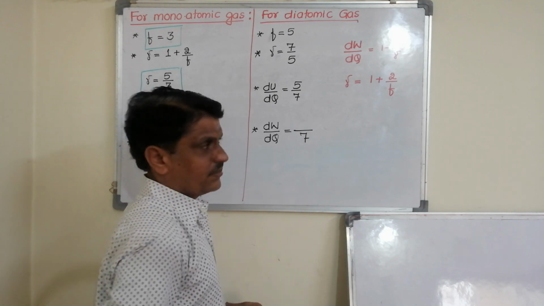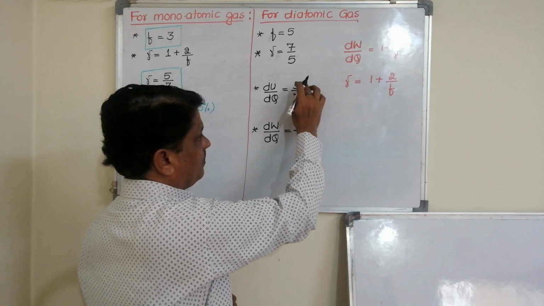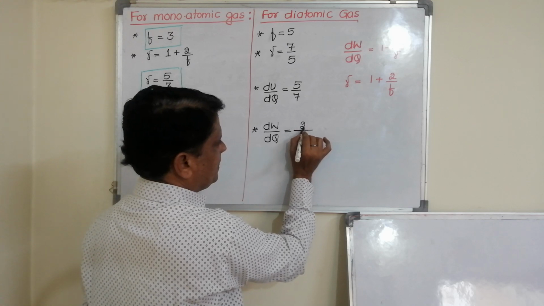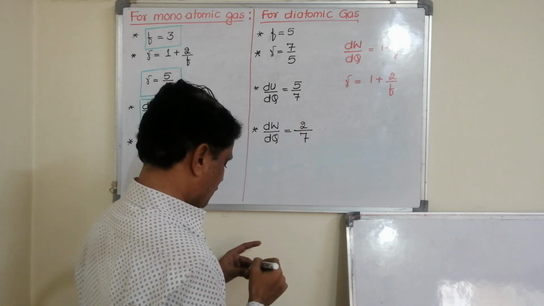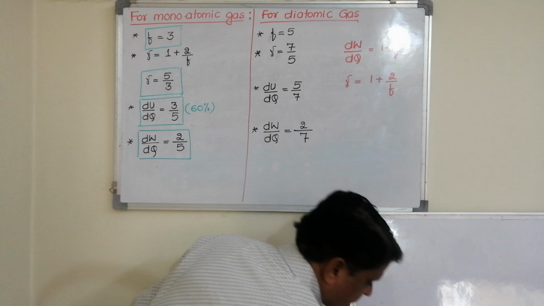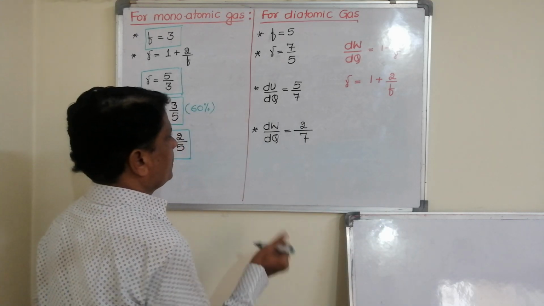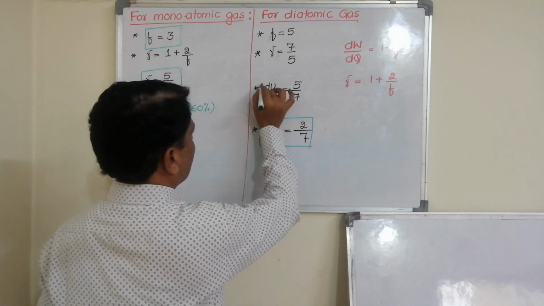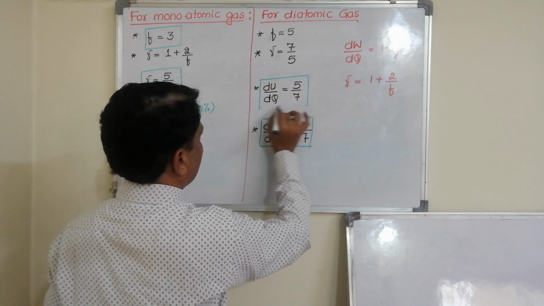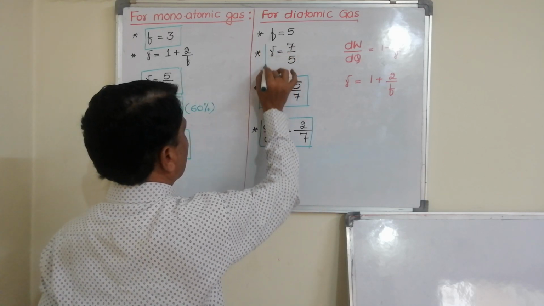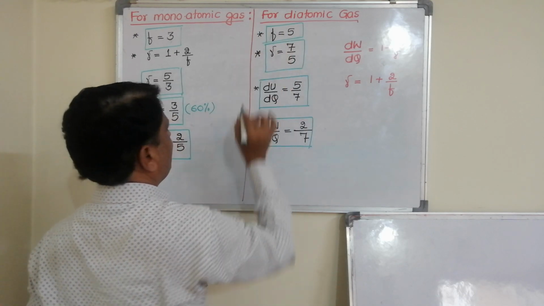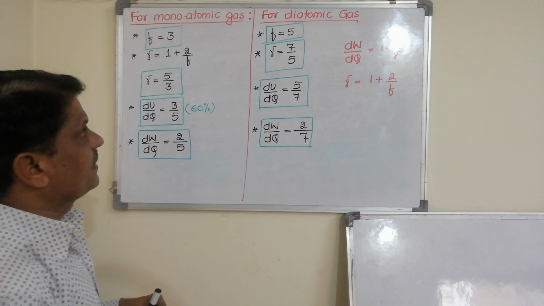Denominator remains same, 7. Here sum of numerators must be equal to 7. Hence it is 2. Okay, please note down this. Here it is dW by dQ. Here it is dU by dQ. Here it is gamma. Here it is F.